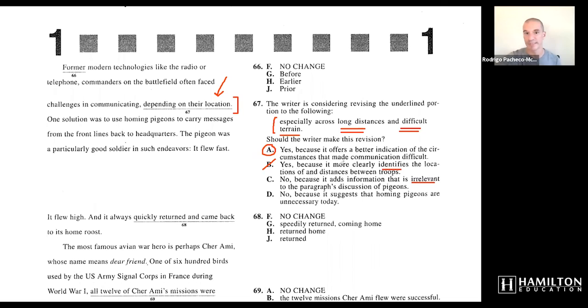This is just simply not true. This is exactly what made pigeons very useful. So this is relevant. We can eliminate C. And D says that we shouldn't add it or make the change because it suggests that homing pigeons are unnecessary today. That is quite a leap to make. That's a pretty big inference from what we have here. So we can also eliminate D.